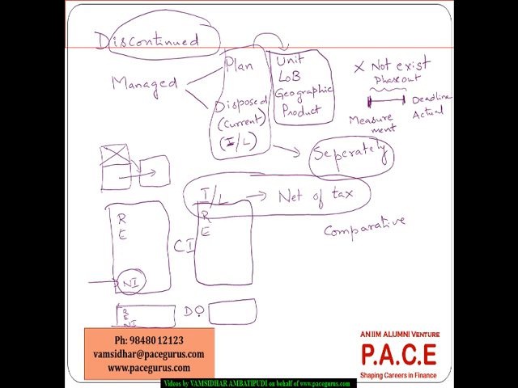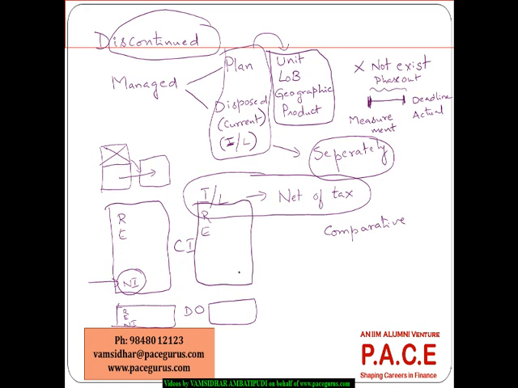So that kind of restatement has to happen, right? Even for past statements, wherever we are providing the comparison, I will make the necessary changes so that the comparison becomes more appropriate.